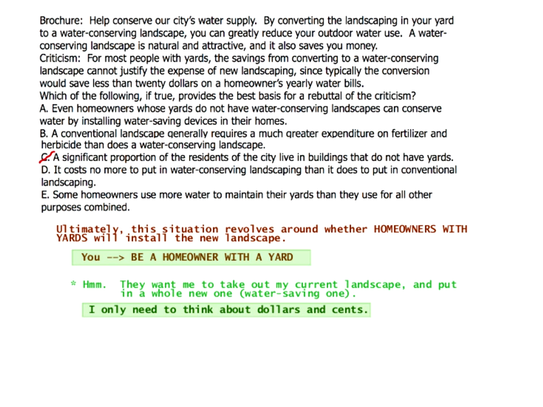So the criticism applies to me, right? The water savings is only about $20 a year. Okay, well, it's still $20 a year, so why am I reluctant?